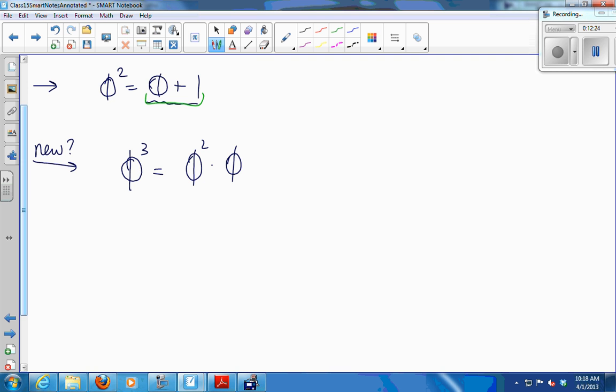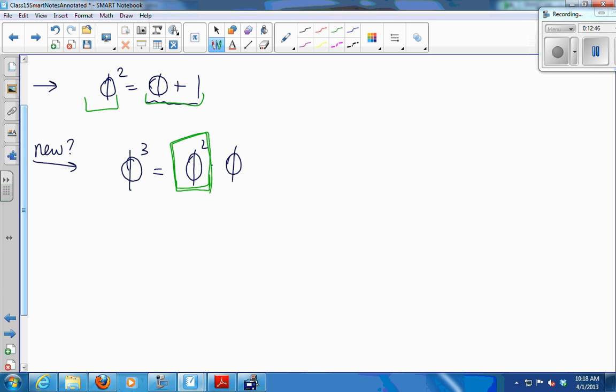I know what phi squared is, so if I just multiply that by phi, I'll have phi cubed. Then I used the fact that phi squared equals phi plus 1 to make a substitution. So instead of phi squared in that green box, replace it with phi plus 1 because they are one and the same.